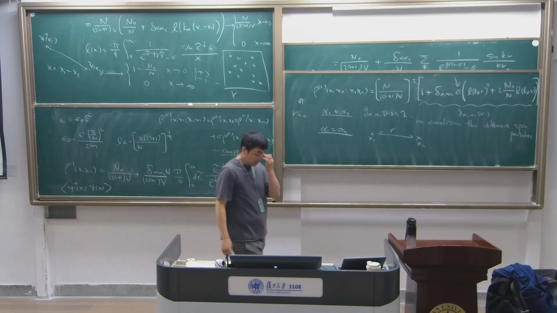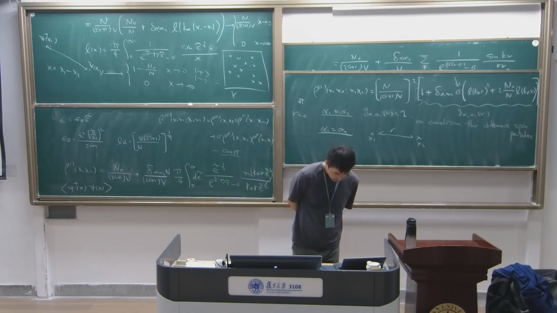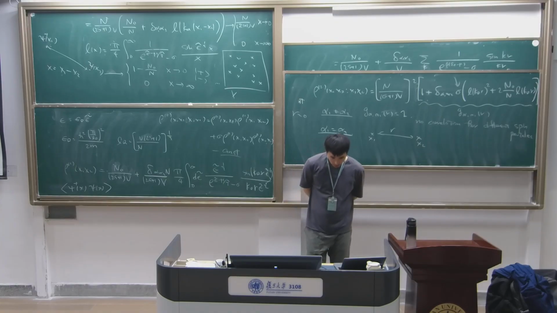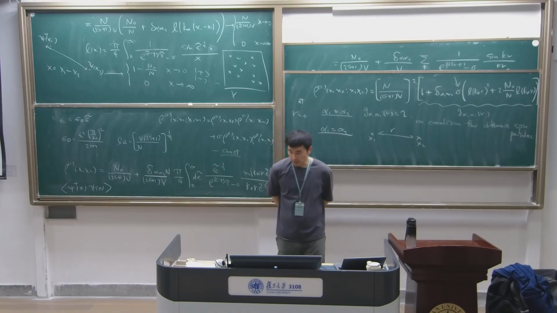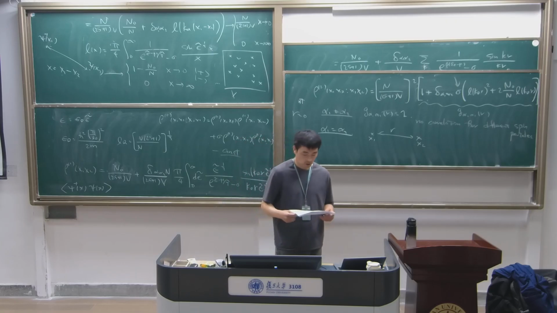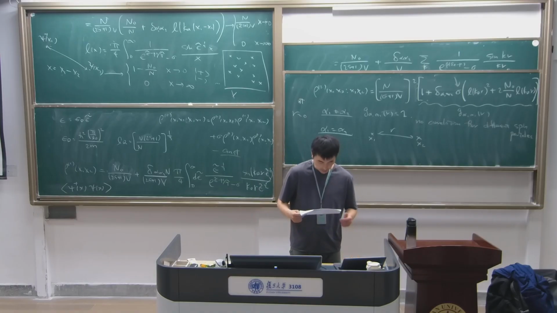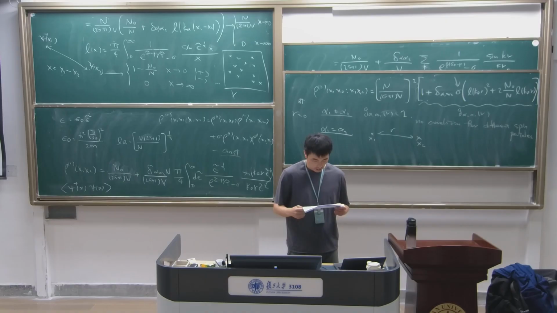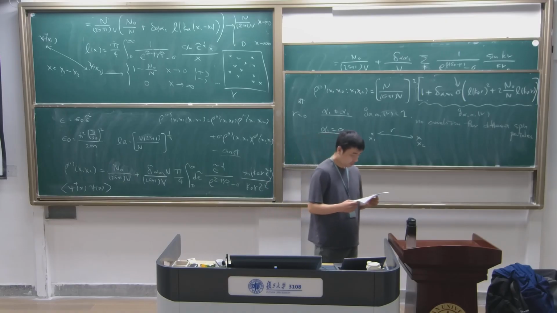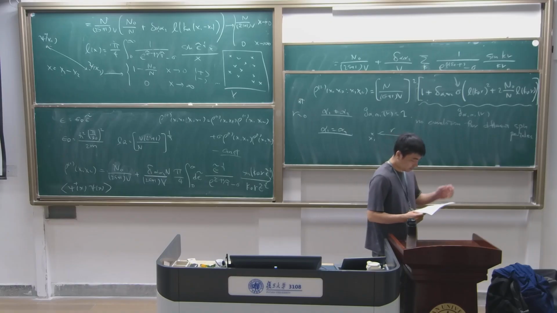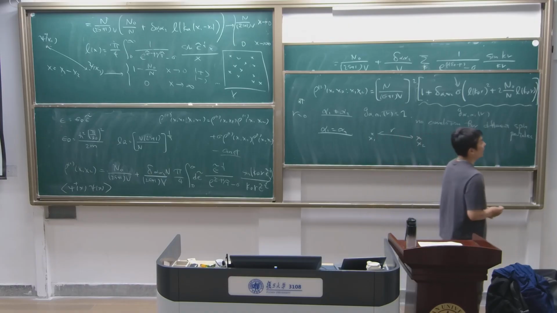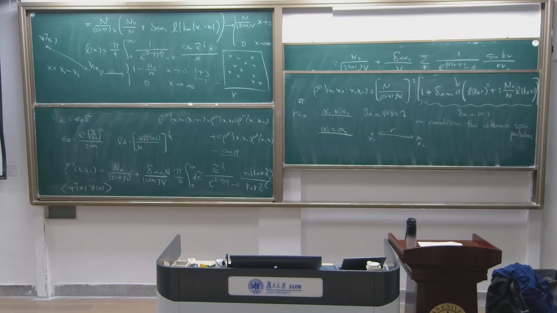So now let's take a look at the bosonic case. The most characteristic behavior is that when R equals 0, above the critical temperature, it becomes 2.